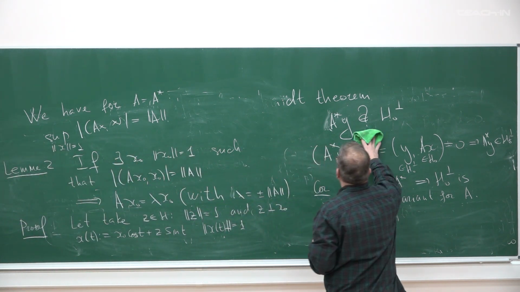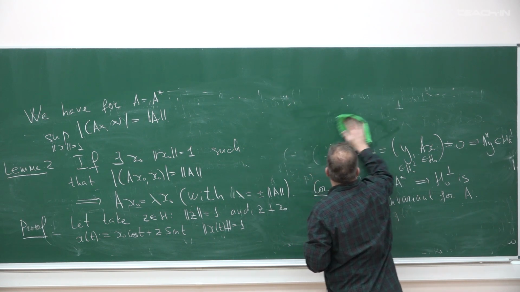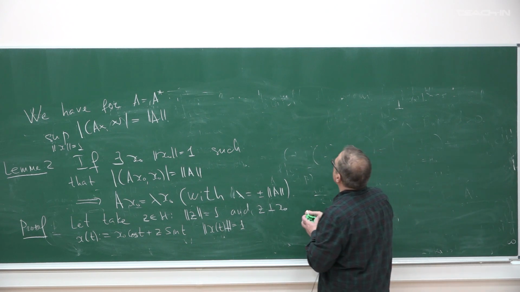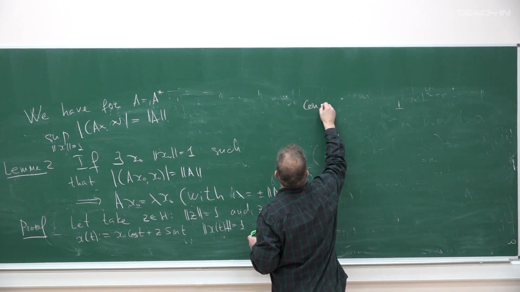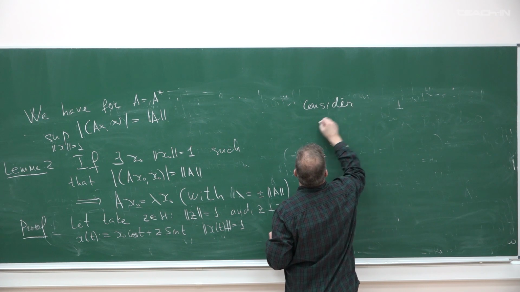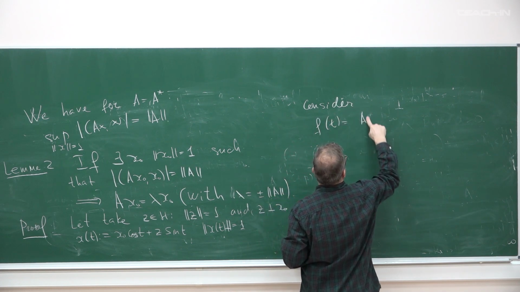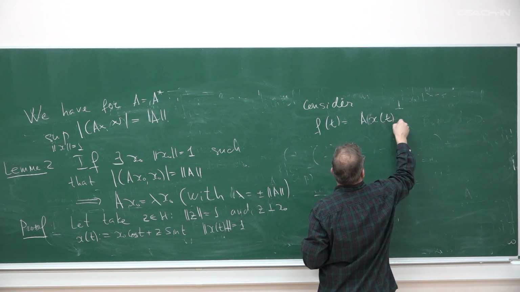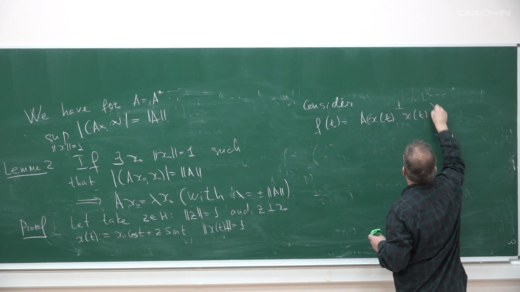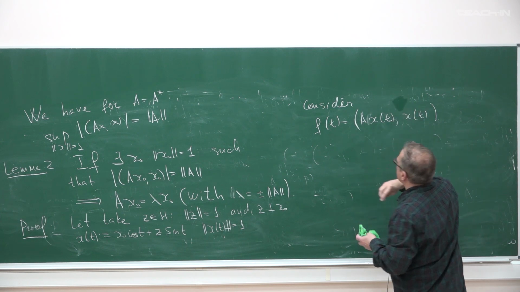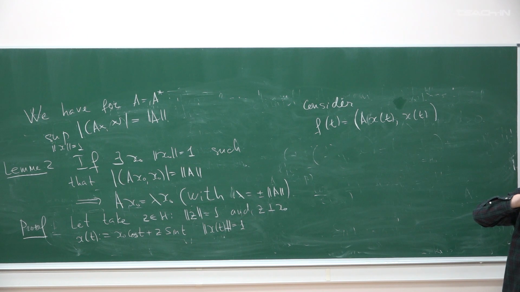So we can consider the quadratic form for this vector, and consider the function f of t, which equals the quadratic form on this vector x of t. And let's consider different values of t.